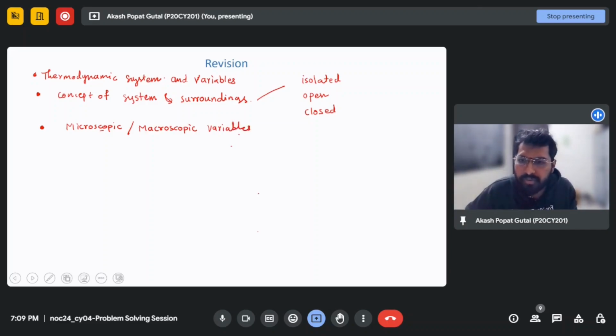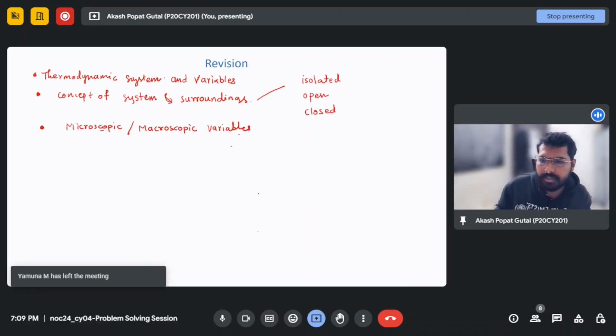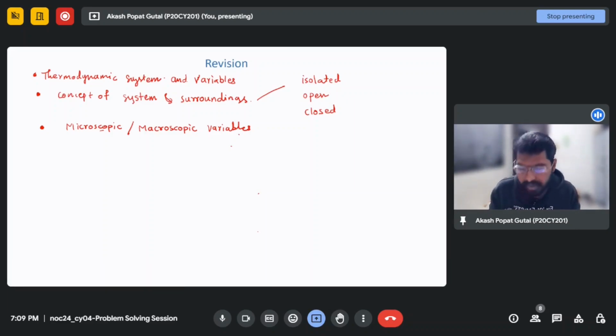Microscopic variables are the specific variables about the system, such as the position of the particles involved in the system, the position of each and every part of our system.